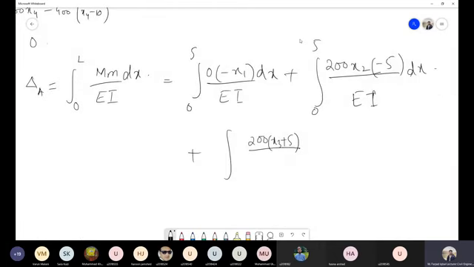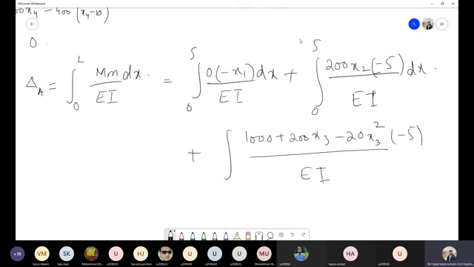So the equation will be 1000 plus 200 x3 minus 20 x3 square over EI, and again the small m was minus 5, that will be dx3, this is dx2, dx1.